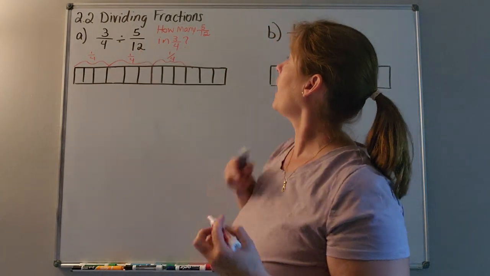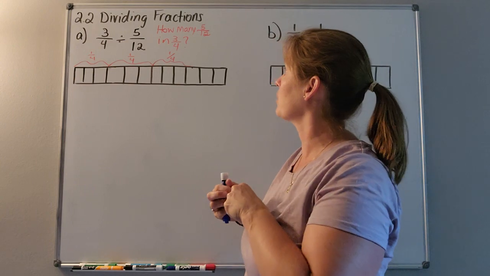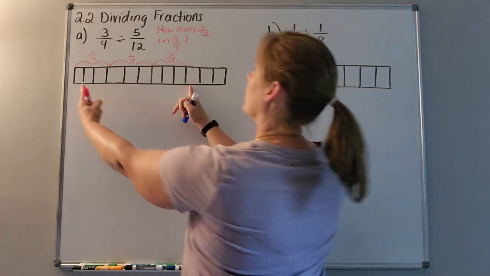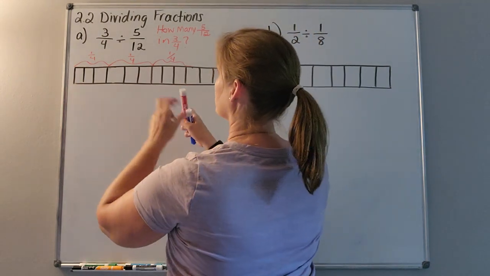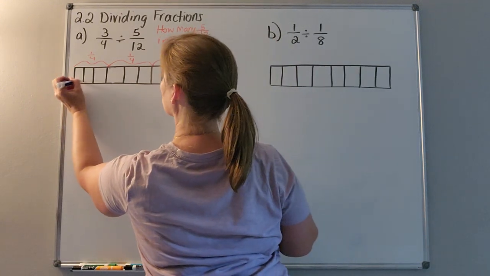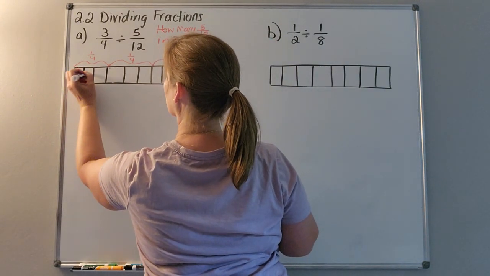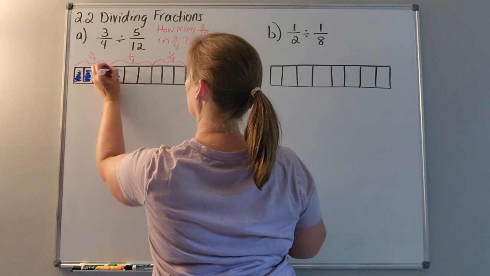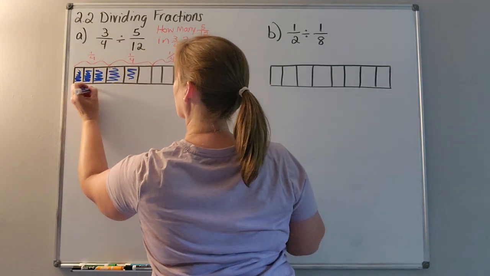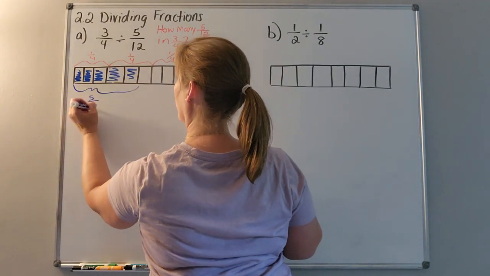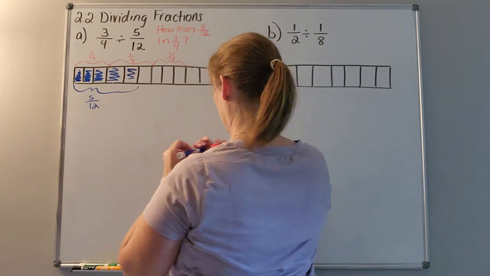Now let's say how many 5/12 are there in 3/4? Well, I'm looking from here to here. How many groups of 5/12 are there? Well, let's see. Here's 1, 2, 3, 4, 5. Here's 1 5/12. How many more do I have left to color?